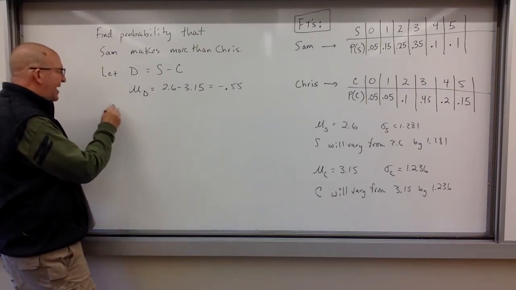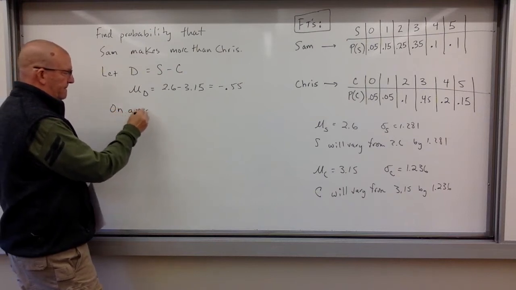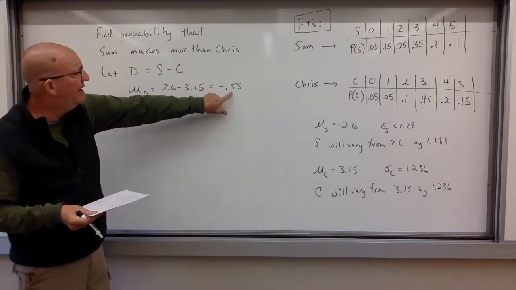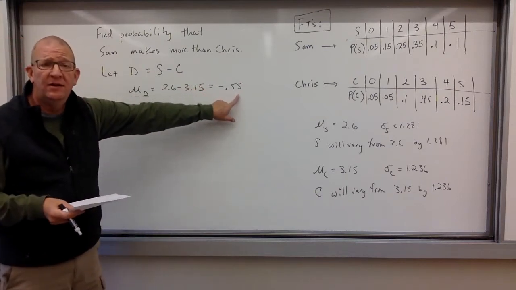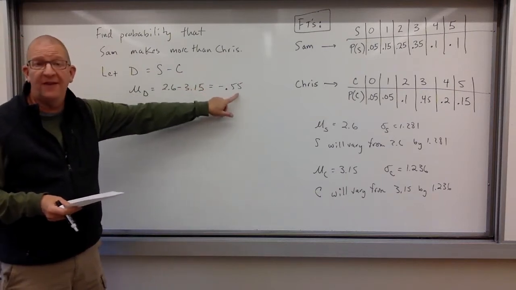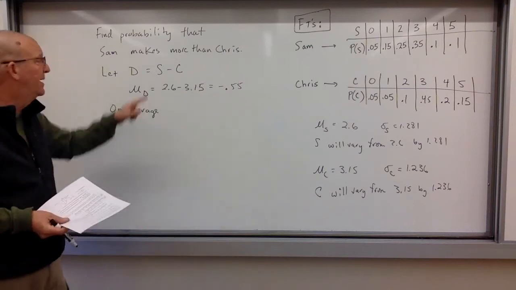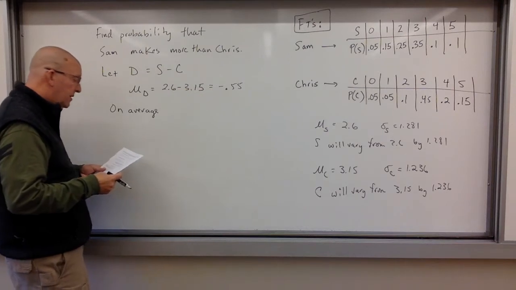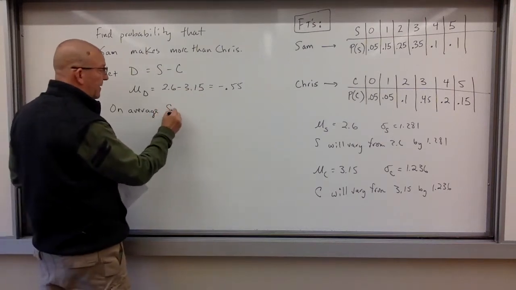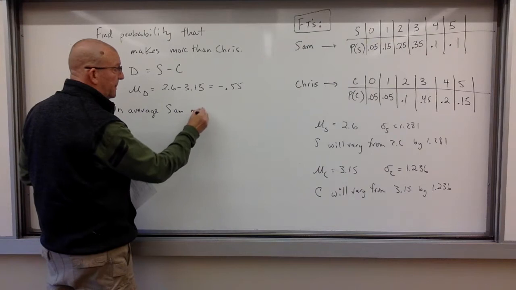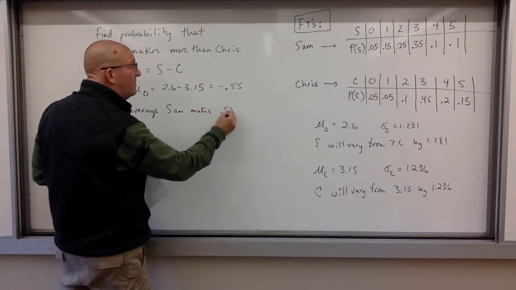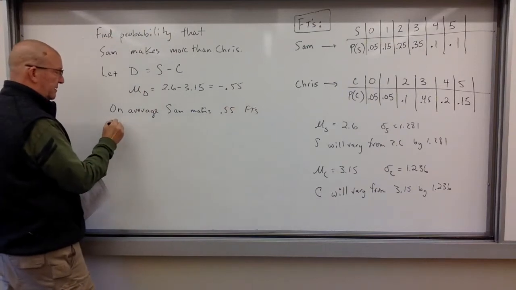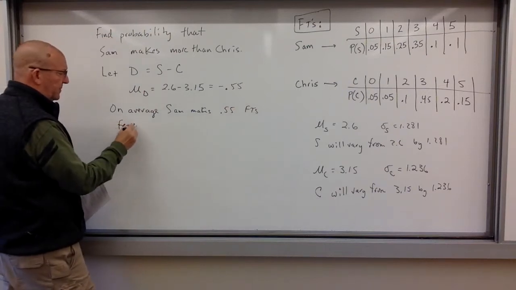This means that on average, right, Sam makes negative 0.55 free throws, or 0.55 free throws less than Chris, right? S minus C is negative 0.55. So on average, Sam makes 0.55 free throws less than Chris, fewer than Chris.